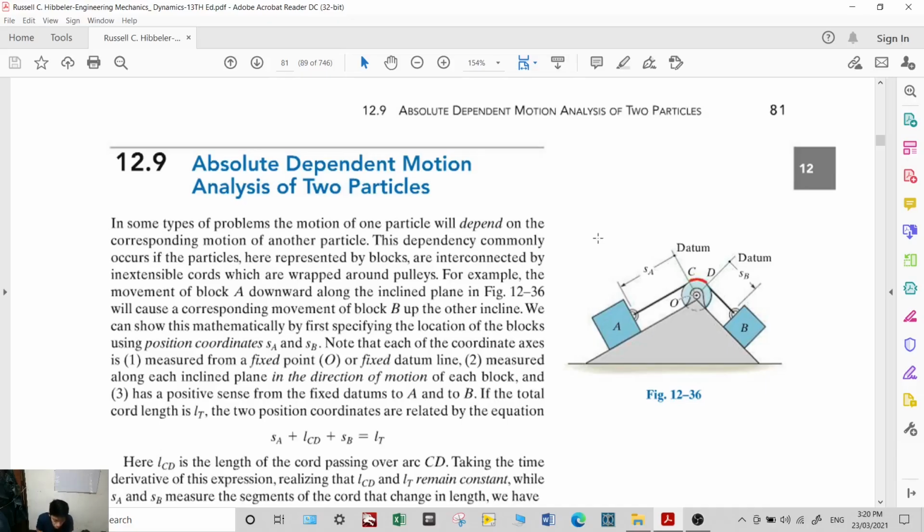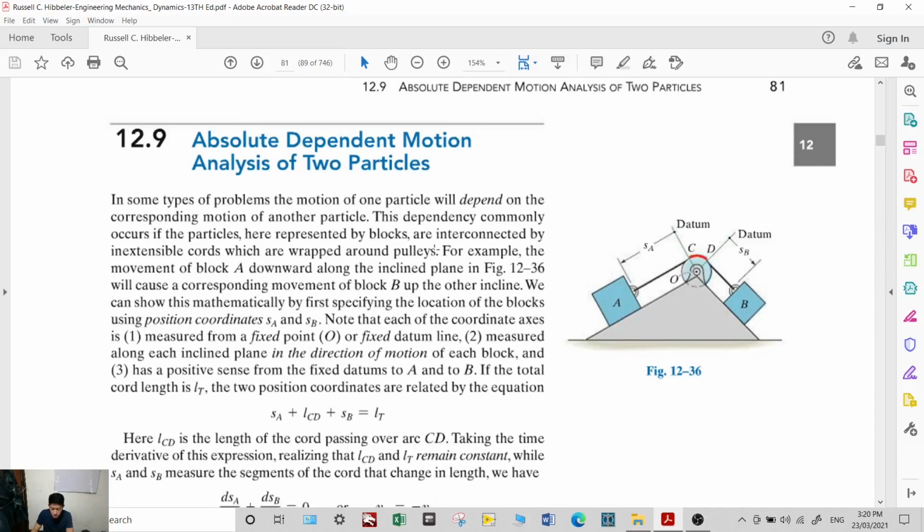In this lecture, we'll be studying the absolute dependent motion analysis of two particles. This topic is very useful in determining the position of a particle with respect to another particle, or with respect to the movement of other particles.